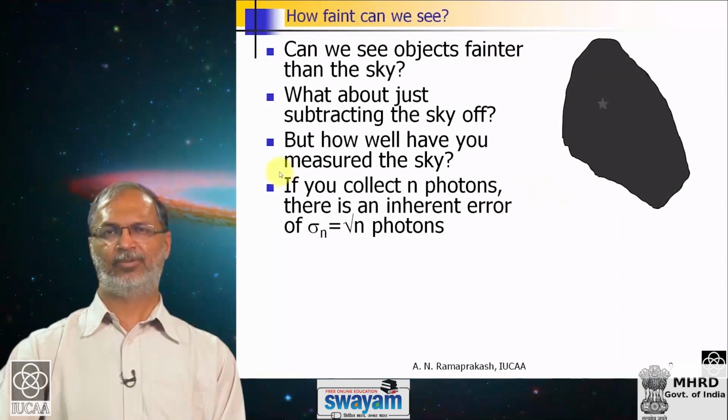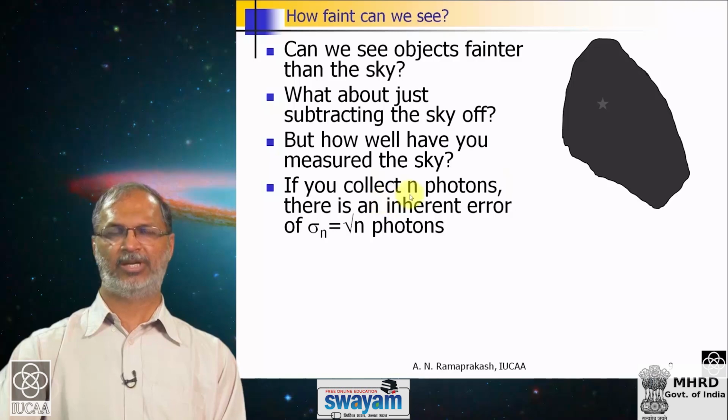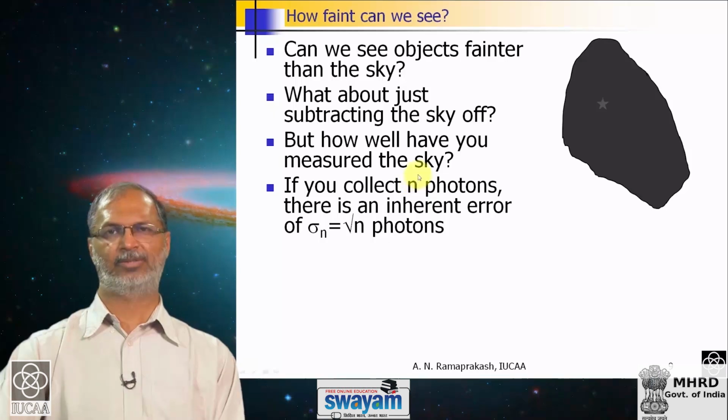So, in the case of photons, if you are observing the sky at wavelengths similar to visible light, UV, infrared radiation, etc., if you collect n photons, let us call photons units of light, so if we collect n units of light from a certain direction, there is an inherent error in that measurement of root n photons. What I mean to say is, I collect n photons in one experiment from a part of the sky.